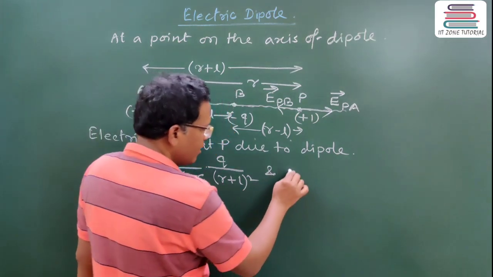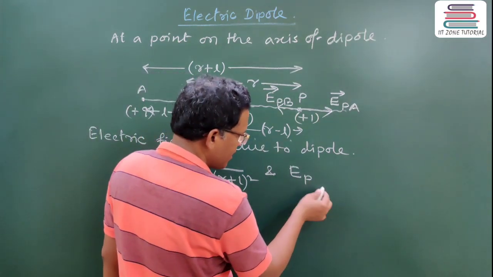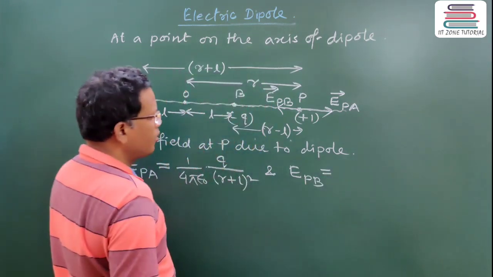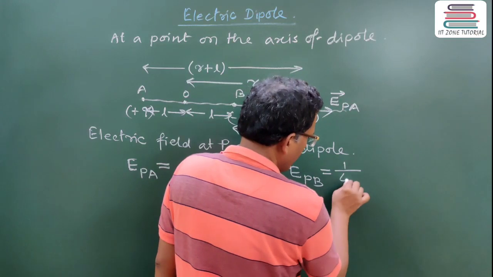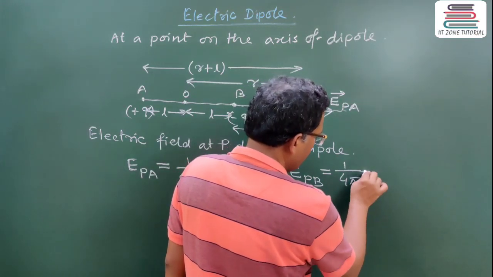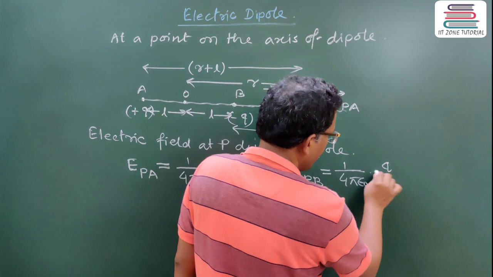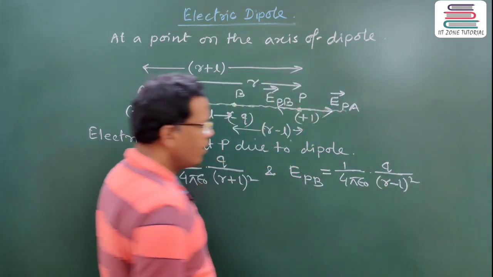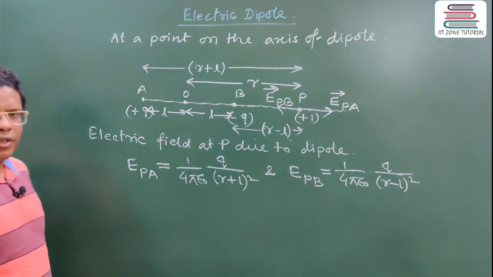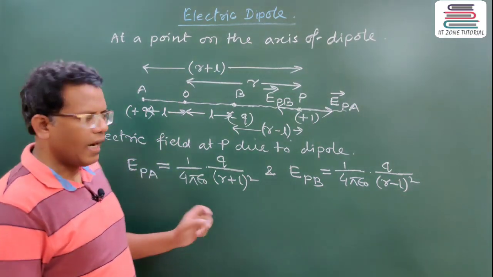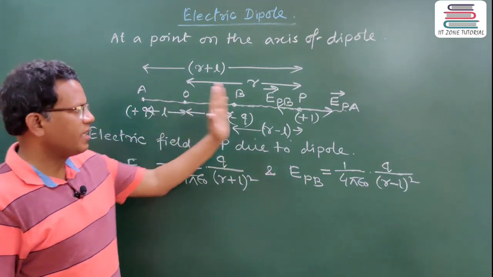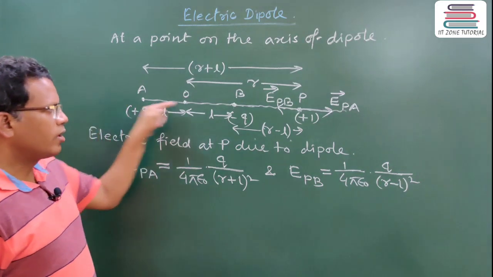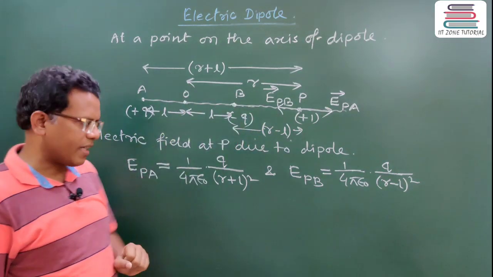And the force on the plus 1 test charge at P due to the charge at B, that magnitude will be given by 1 by 4 pi epsilon naught Q divided by R minus L whole square. These are the two possible forces on the plus 1 test charge at the point P, which is at a distance R from the center of the dipole along the line joining the charges, that is an axial point.